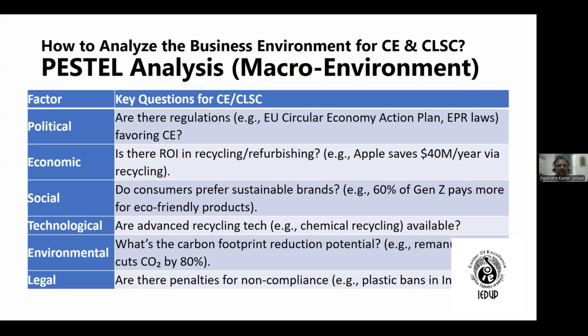Then legal issues: are there penalties for non-compliance? If you do not achieve something, such as a PF factor of 99.5, then a penalty will be put against you. If you do not get your chrome recovery at 99.5 or 98.5, then a penalty will be levied on you.